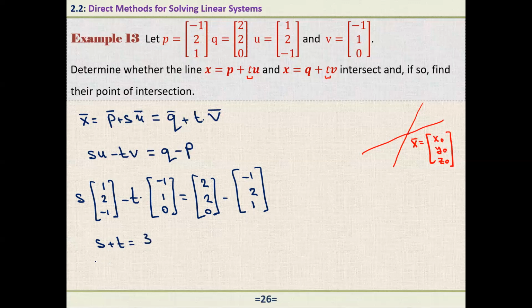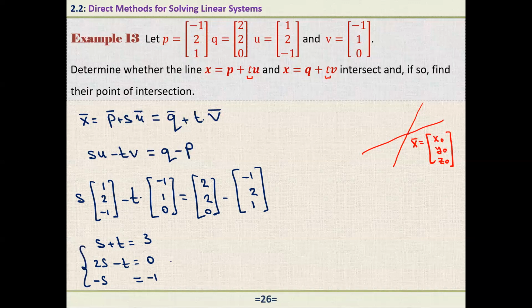Then 2 times s, we have 2s, minus 1 times t, minus t, equals 2 minus 2, that's equal to 0. s times negative 1 is negative s, negative t times 0 is just 0, equal to 0 minus 1, that's equal to negative 1.